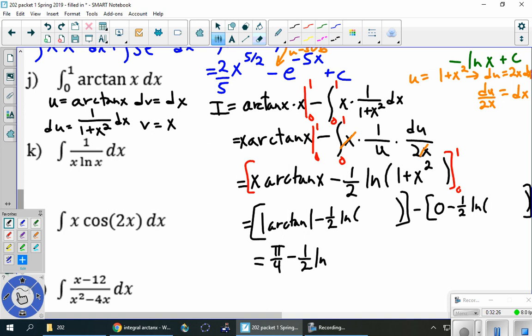And down here, when we plug in 1 for that x, we get ln of 1 plus 1 squared, which is just ln of 2. And then when we plug in 0 for that x, we get 1 plus nothing squared, which is 1 plus 0, or 1. This makes me much happier. So this is really just pi over 4 minus 1/2 ln of 2. And then I think everything else is nothing because ln of 1 is 0. And so that's our final answer right there.